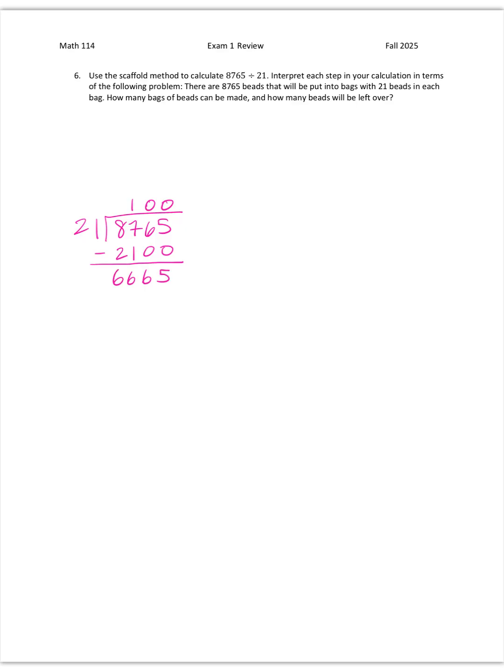Now I could do 100 again, but maybe I could go a little bit bigger. Maybe I could do 200. 21 times 200 would be 4,200. I subtract, and I have 2,465.